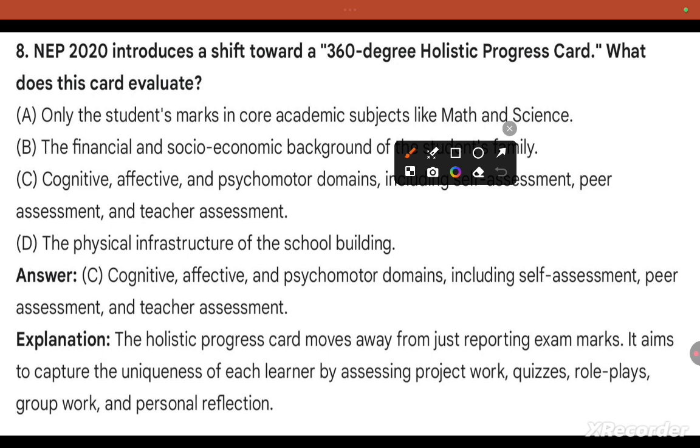So here the answer is option number C. NEP 2020 introduced a shift towards a 360-degree holistic progress card. That means cognitive, affective, psychomotor domains, including self-assessment, peer assessment, teacher assessment.